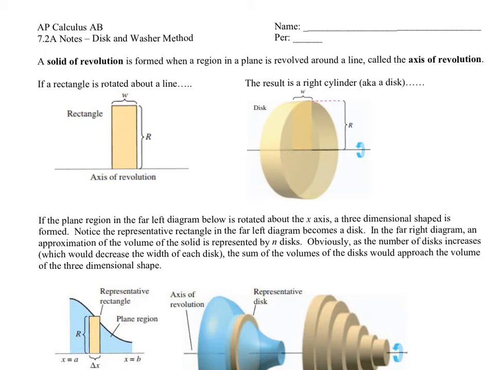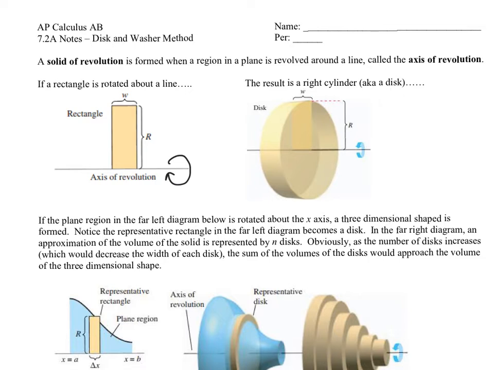Now if we were to take that rectangle and revolve it around an axis, that axis again is called the axis of revolution. Taking that shape and revolving it around an axis would result in this shape. Sometimes we call this shape a disc, hence the disc method.